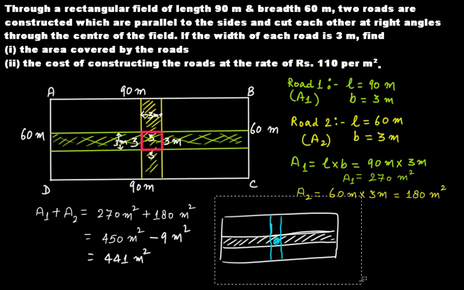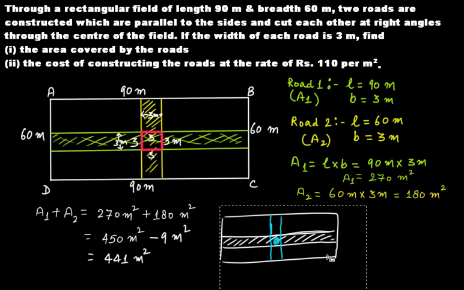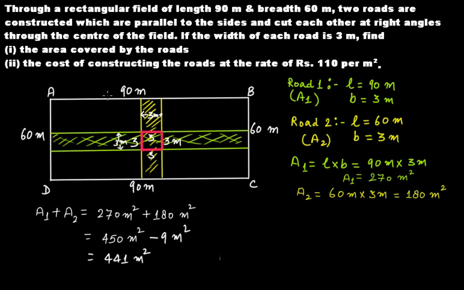Now, in the second part, the question is asking to find the cost of constructing the roads at the rate of rupees 110 per meter square. The rate is given, 110 per meter square. For 1 meter square, rate is rupees 110.